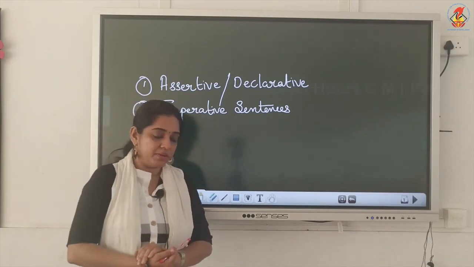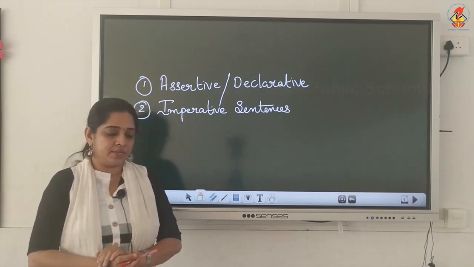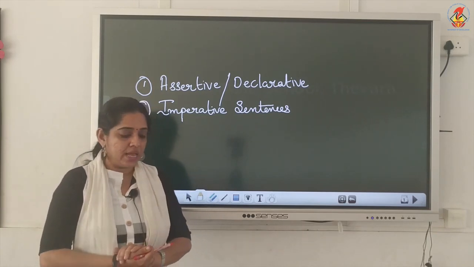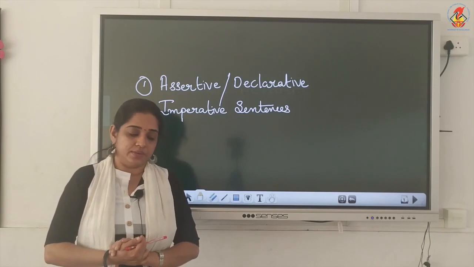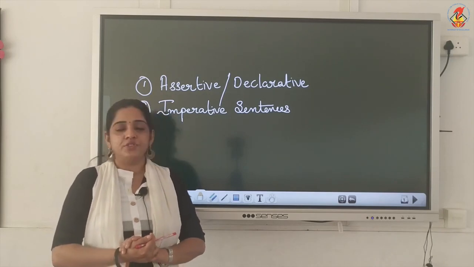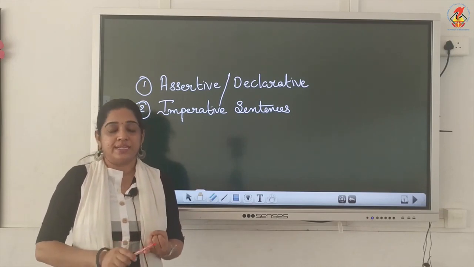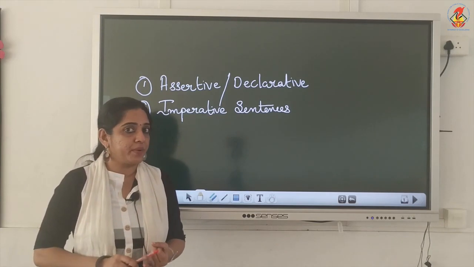Now, some more examples are given here. Go out of the class. That is a command. Please pass me the sugar. That is a request. You should eat healthy food to stay healthy. That is advice. So which sentences did we study? First one is assertive or declarative, second one is imperative.